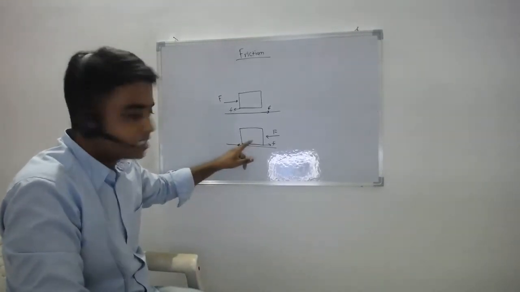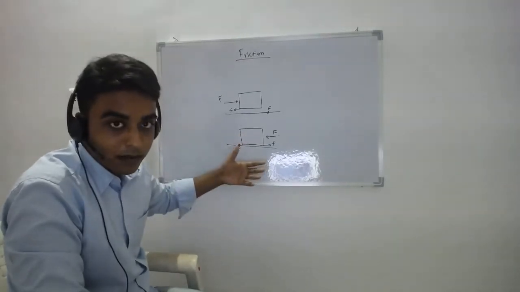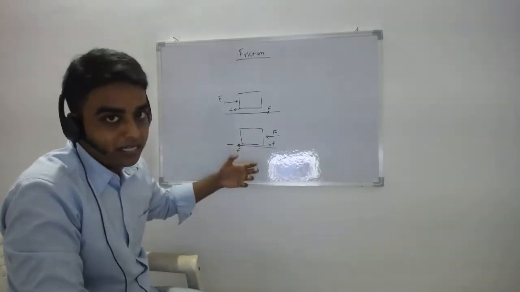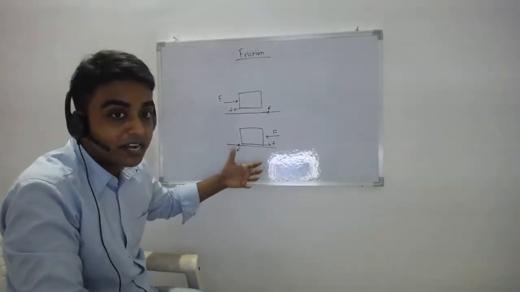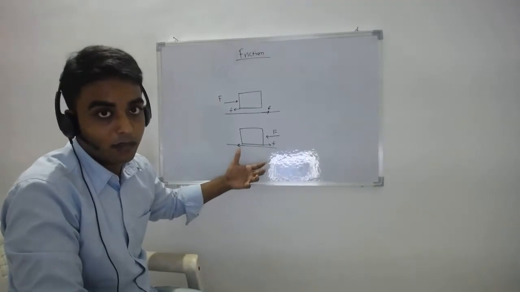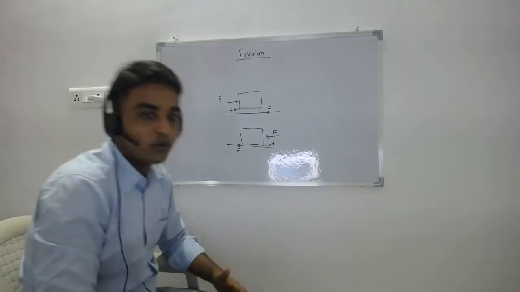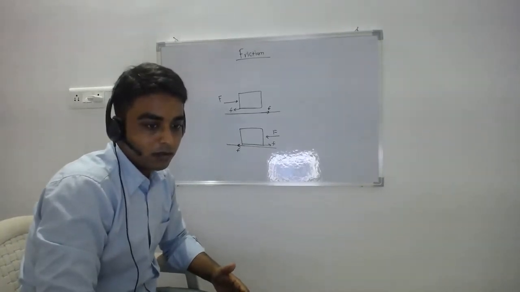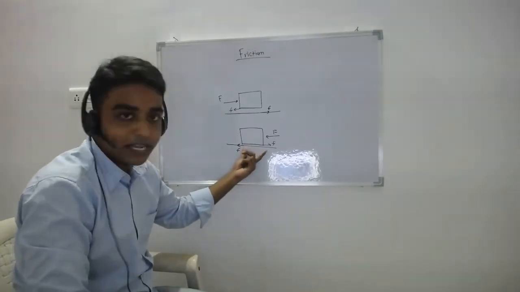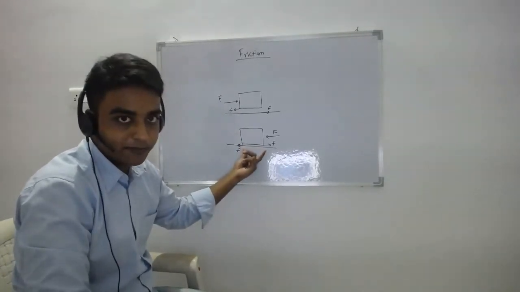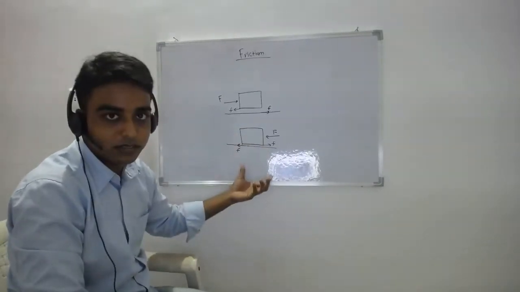Once you find the contact surface, then you see in which direction the relative motion is occurring, and based on that, you apply the direction of friction. What you have to do is study the individual surfaces. Otherwise, there are chances to make mistakes.